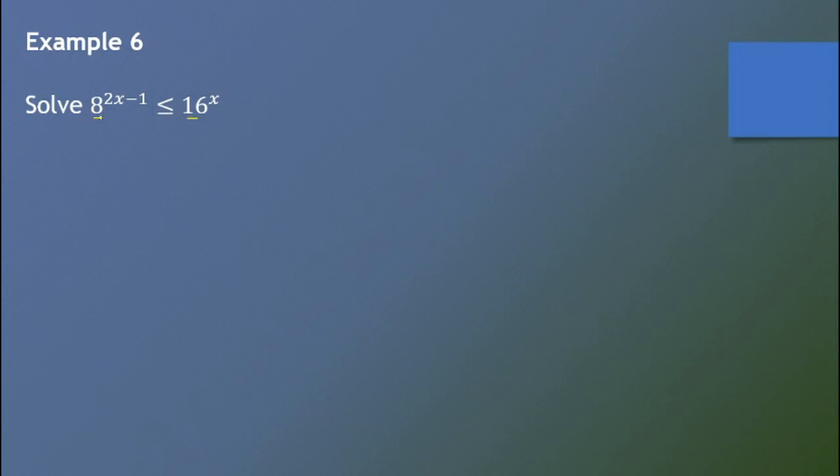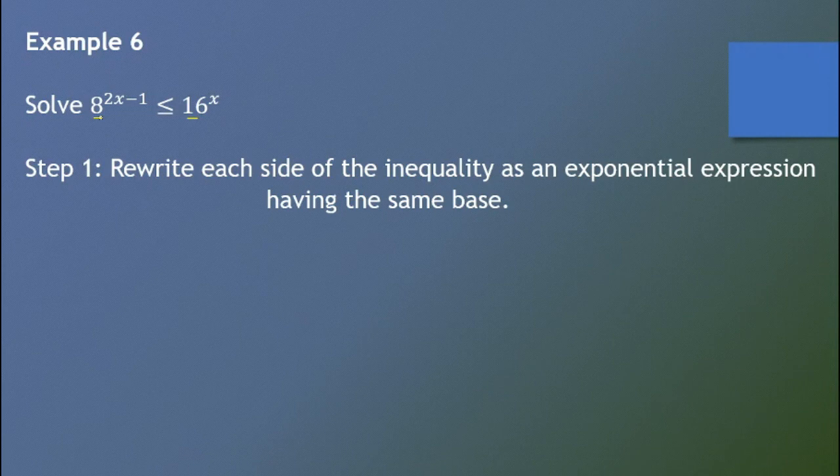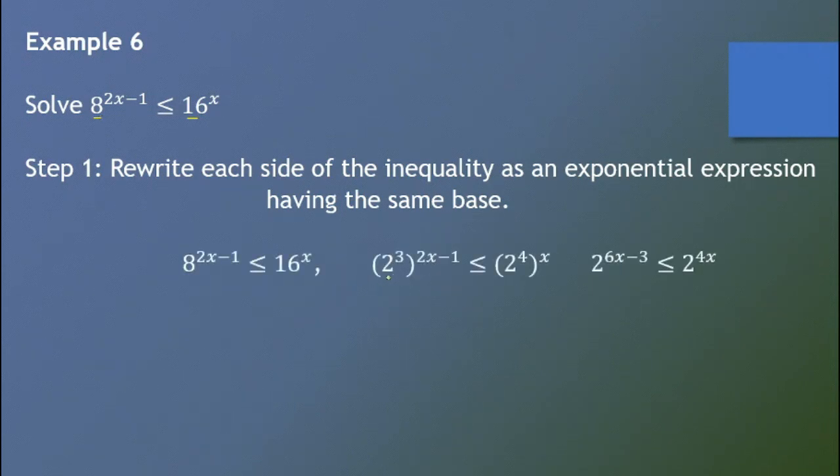Paliitin sila pareho para makakuha tayo ng common base. So, pwede nating gamitin ang 2. Ayan. So, 2. So, para si 2 maging 8, kailangan natin siyang gamitan ng cube. So, 2 cube. 2 cube is equal to 8.